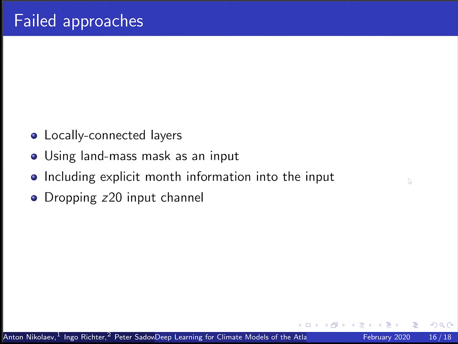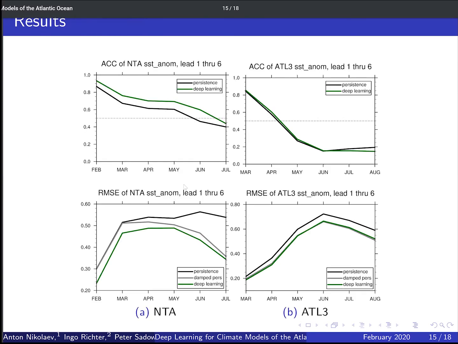Anton, why don't you explain those plots a little more? Yeah, so it's basically the accuracy in root mean squared error. Our prediction input month was February.